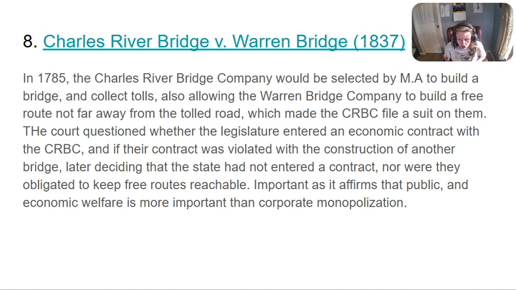The court questioned whether the legislator entered an economic contract with the CRBC and if their contract was violated with the construction of another bridge, later deciding that the state had not entered a contract, nor were they obligated to keep free routes reachable. This case is important as it affirms that public and economic welfare is more important than corporate monopolization.